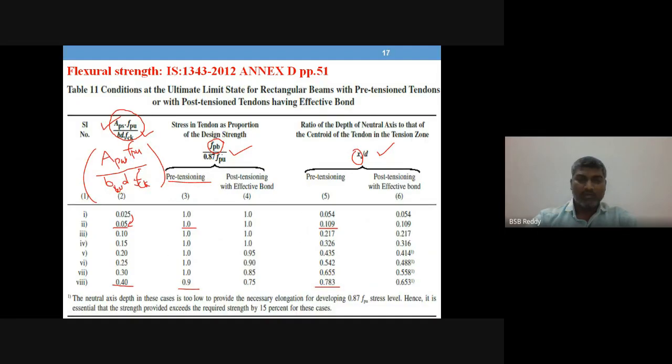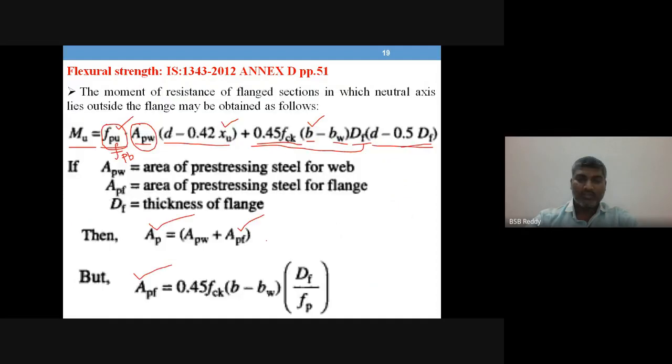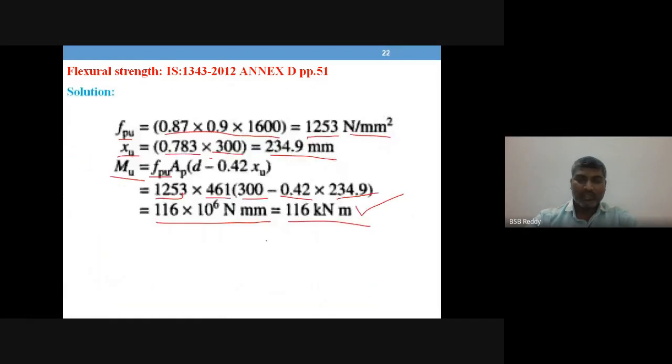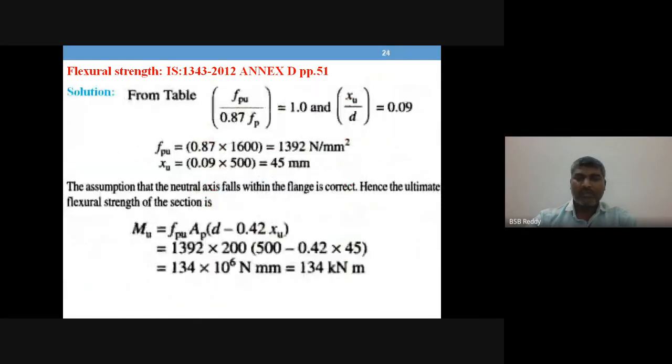So FPB by 0.87 FPU value is 1, XU by D is 0.109. Let us see what values the textbook has taken. Right, 1 and 0.09. Okay, so these two are the values being read from table 11.